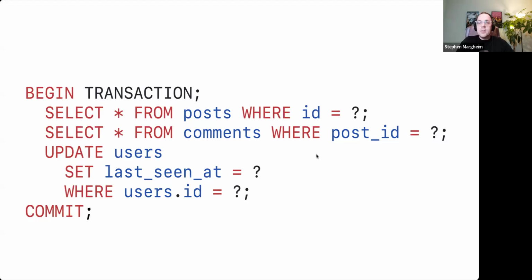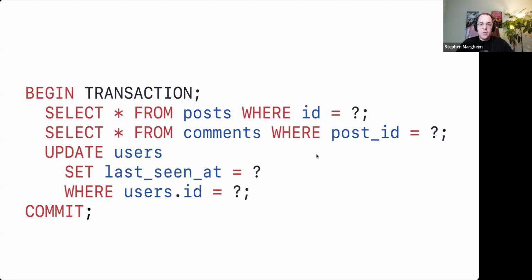And in order to support this, SQLite has a write lock, and only one connection can acquire and hold the write lock at a time. So when it comes to transactions, SQLite has to make a decision about when and how that write lock is attempted to be acquired.